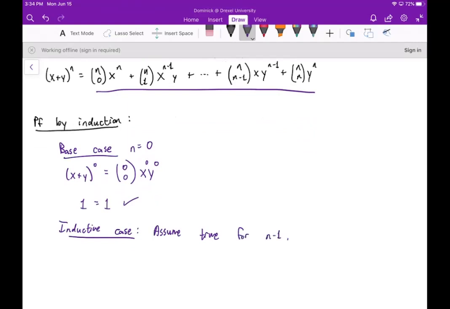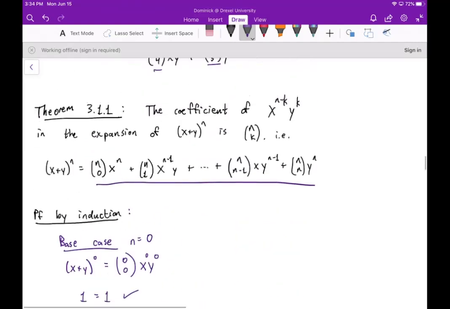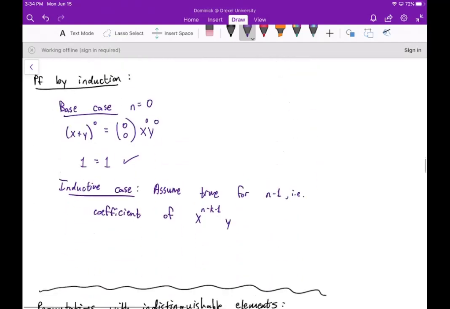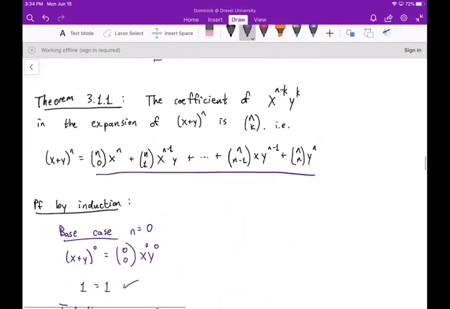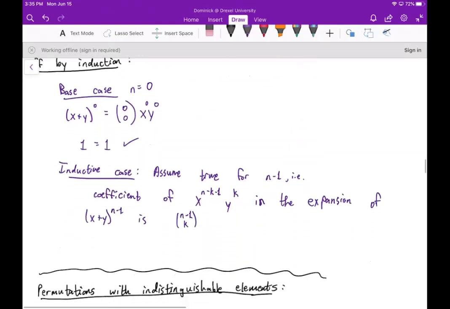In other words, the coefficient of, now let's see, so in the original it was x to the n minus k, so I want x to the n minus k minus 1, y to the k, in the expansion of x plus y to the n minus 1 is n minus 1 choose k. And we want to show that this is true for now n.